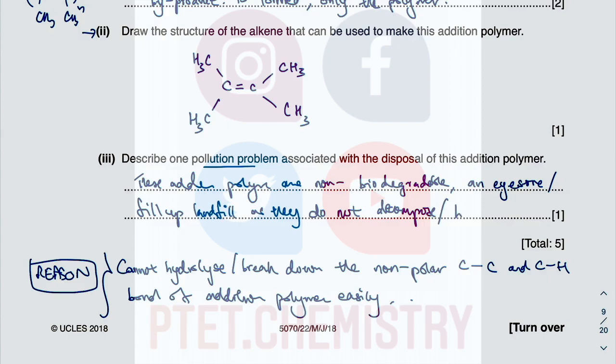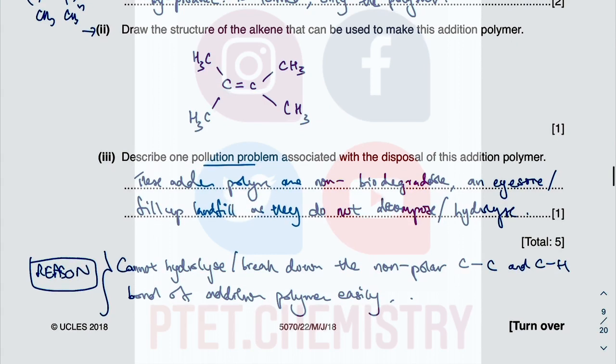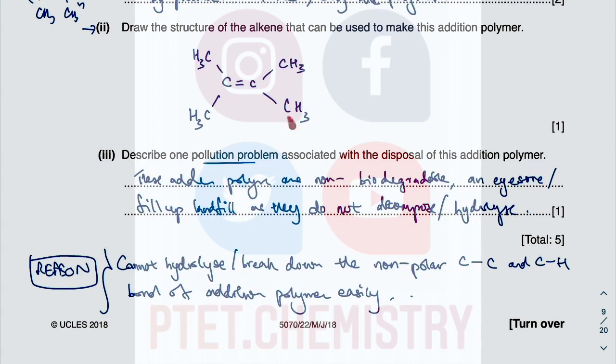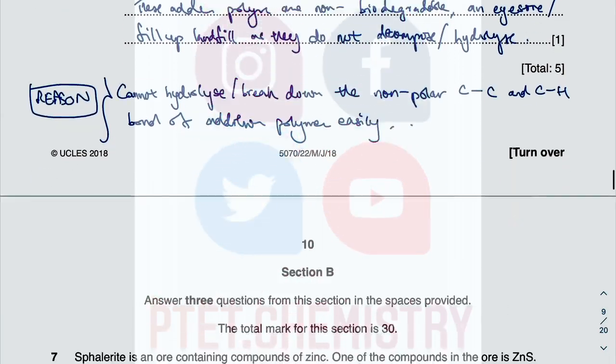Or do not hydrolyze, unlike ester or amides. Okay, and this is basically the reason. This is not the problem. This is the problem. This is the reason. And of course when you burn them, because it's such a long chain, they tend to burn incompletely, so they can give you toxic gases like CO. In this case, you don't have Cl, but if you have Cl, you can give off toxic gas like HCl as well. So those are quite bad, yeah.